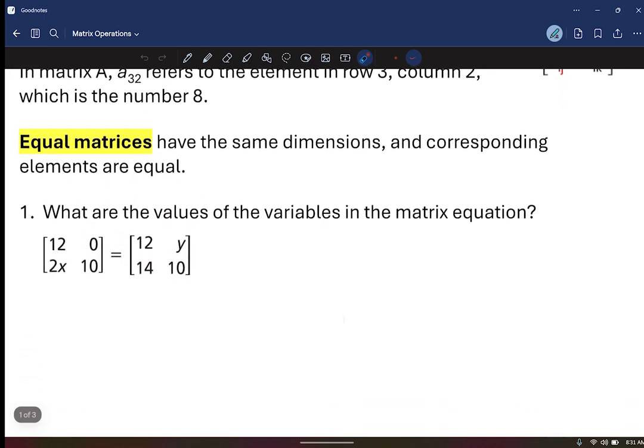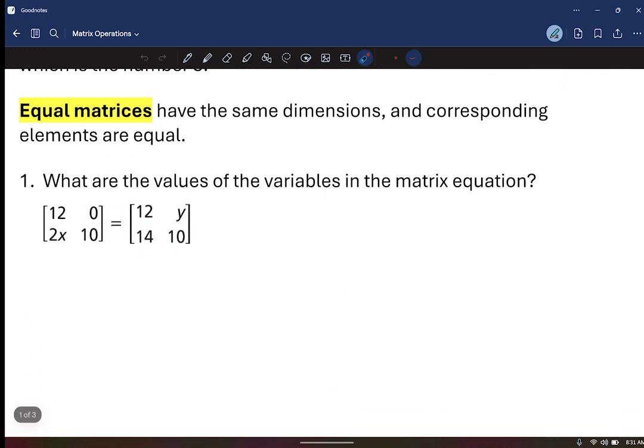Equal matrices have the same dimensions and corresponding elements are equal. So if we take a look here, what are the values of the variables in the matrix equation? Well, I know that this first position, top left, row 1, column 1, they're both 12. They have to be equal. So I have 0 and a y.